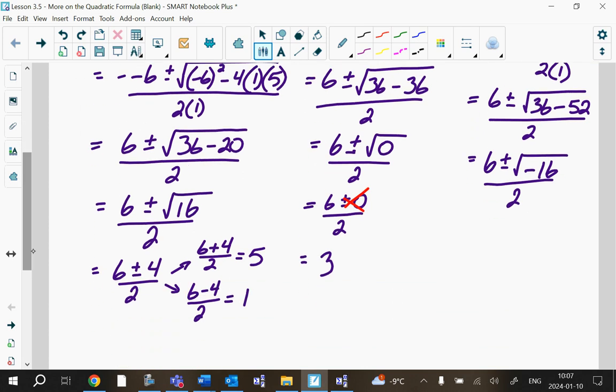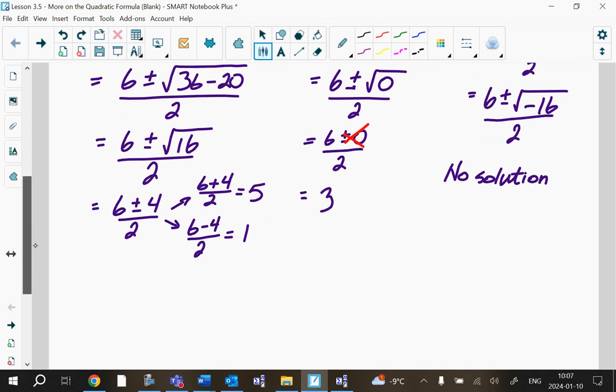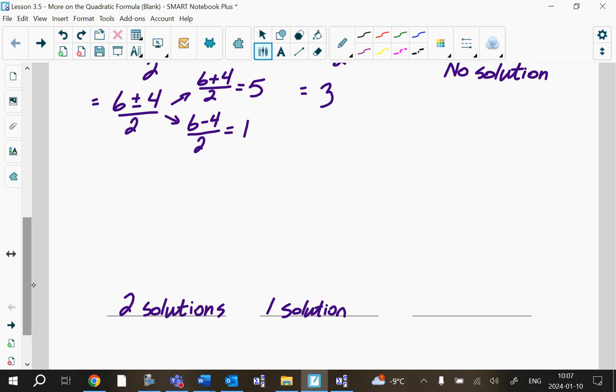Once you see a square root of a negative, no such number exists, which means there's no answer or answers. So in this one, we would get 0 solutions.